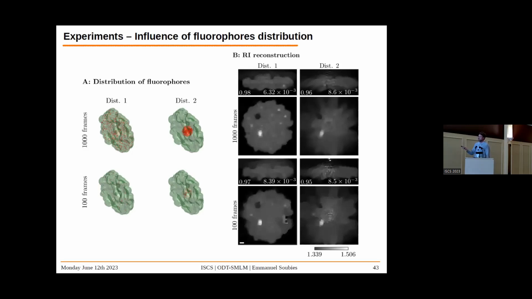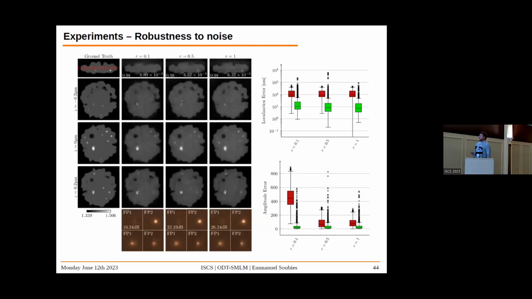This is explained by the illustration I showed you before, because we don't have enough information about the totality of the sample, and we reconstruct more precisely the center part where the molecules are. And finally, we tested the robustness to noise. Here the error parameter controls the noise.